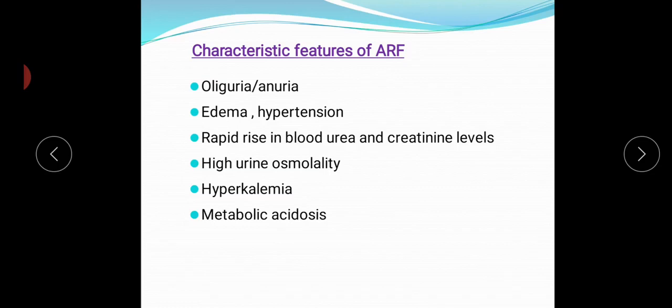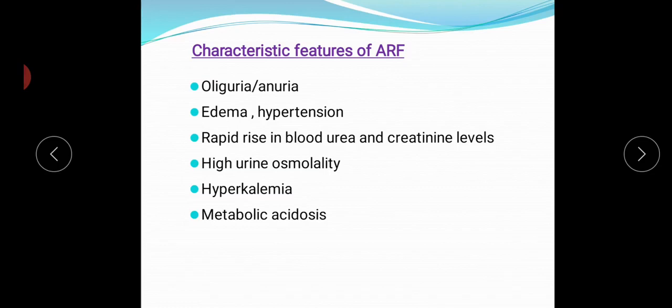Because the kidneys are not excreting water, there will be increased plasma volume that may cause leakage of blood fluid into the interstitial space, leading to swelling in various parts of the body, known as edema. Similarly, the increased plasma volume will lead to hypertension as well.